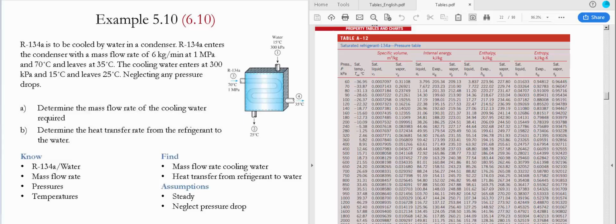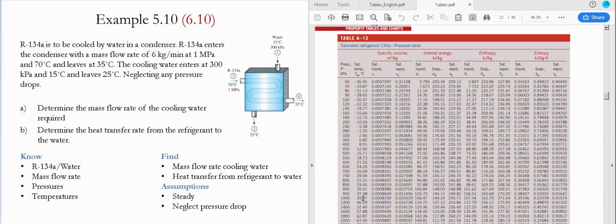Now we have to do the same process for the refrigerant. For that, we go to table A12 and we evaluate the quantity at 1000 kilopascals, which is equal to 1 megapascal, and then we see that the saturated temperature is equal to 39.37.